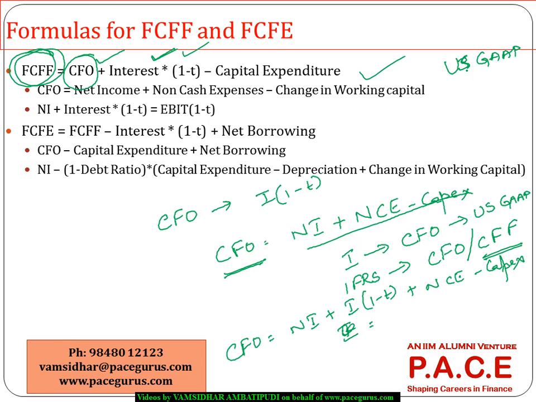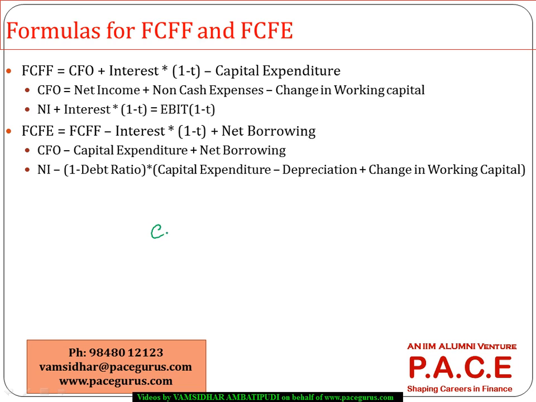where the interest paid is being treated as a part of cash flow from operations, or even though I am following IFRS, I am treating the interest paid as a part of cash flow from operations and not cash flow from financing activity. So under that assumption, I can say the cash flow from operations is nothing but net income plus non-cash expenses, especially depreciations or amortizations, which all go as a part of the non-cash expenses, and even the deferred taxes.